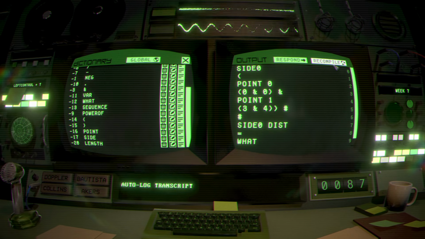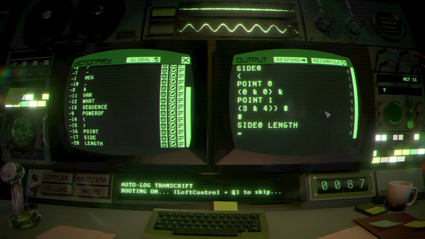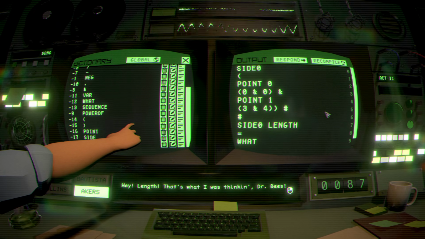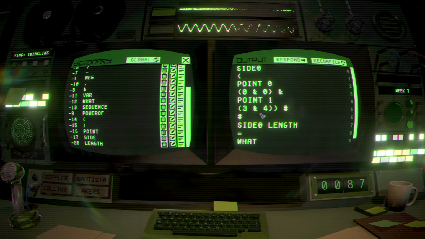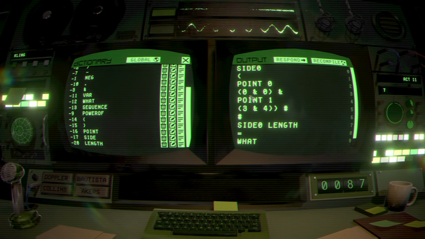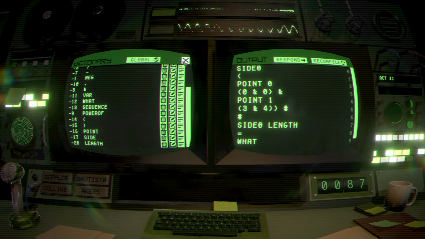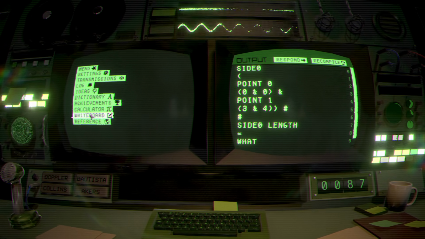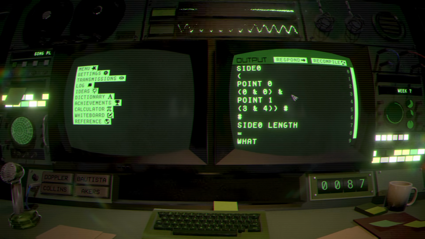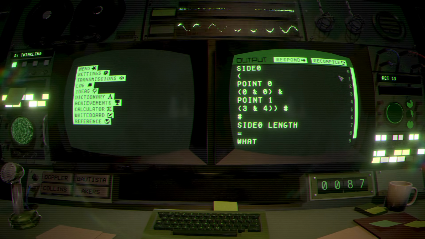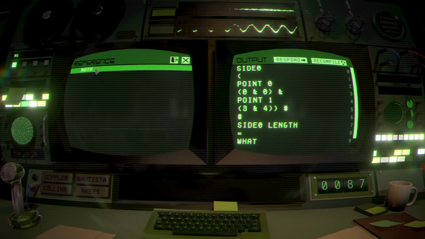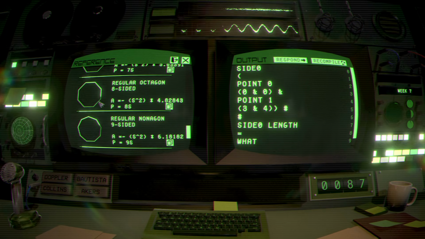When we think about it. Hey, length. That's what I was thinking, Dr. Bees. Yeah, okay. That tells us we're on the right track. So side 0. You're going from 0, 0 to 3, 4.